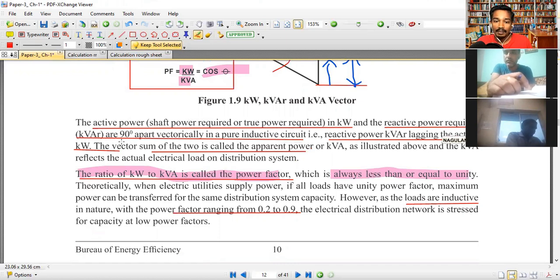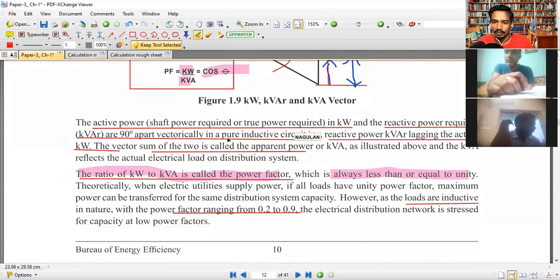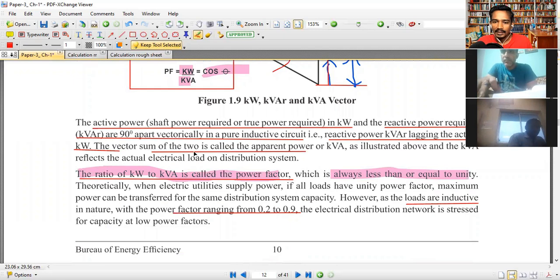Reactive power is kVAr, 90 degrees apart in a pure inductive circuit. In the vector diagram, reactive power is always shifted 90 degrees and always lagging the active power. The vector sum of the two is called the apparent power.